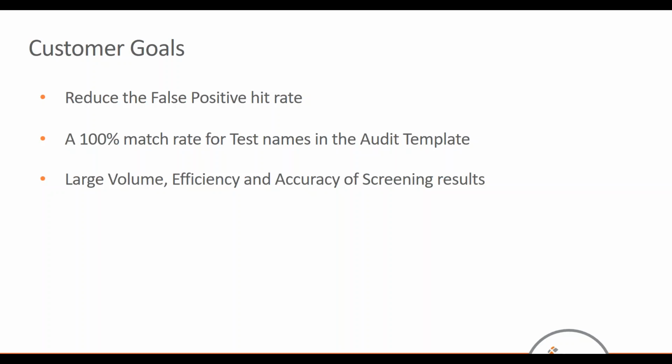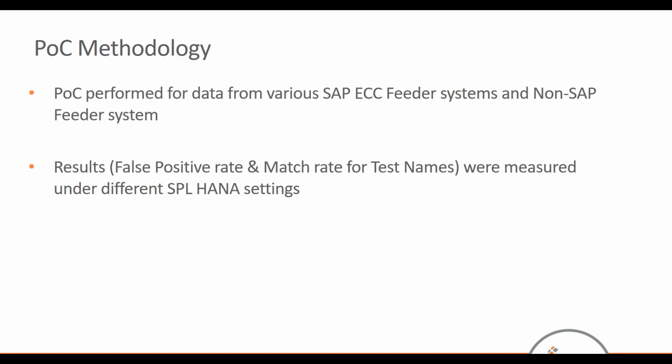And with the classic settings, they were always facing a struggle, finding it difficult to strike a balance between getting a 100% hit with the audit test names and also getting a lower false positive rate.